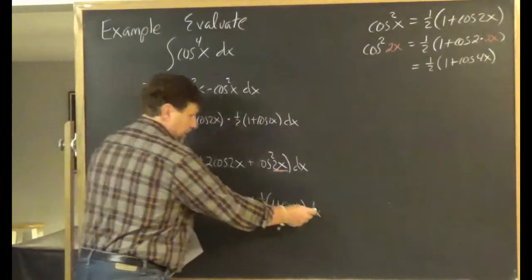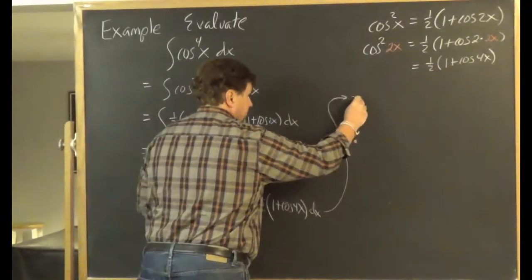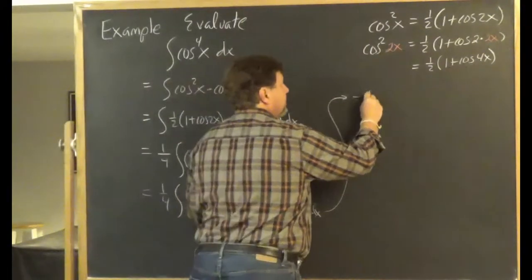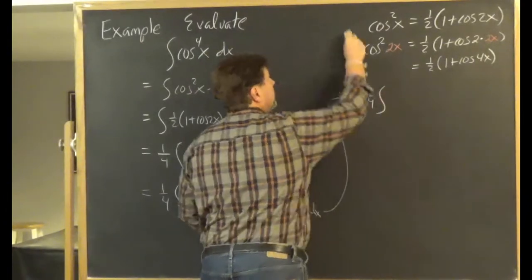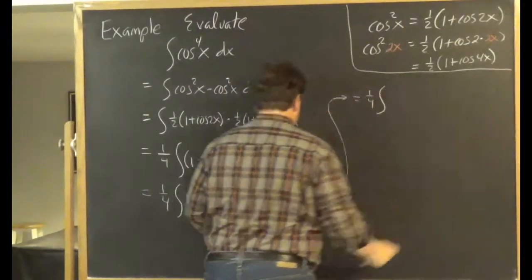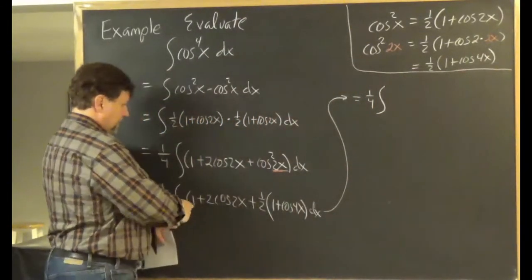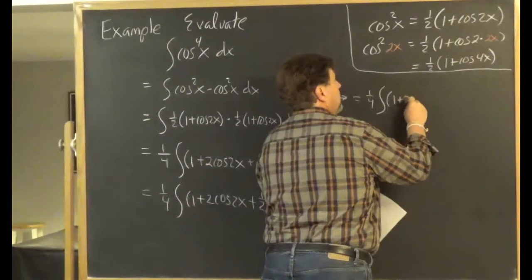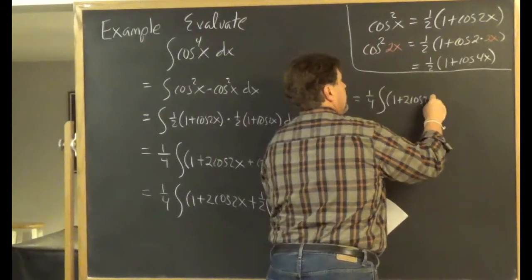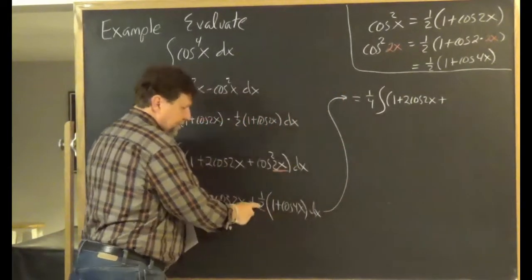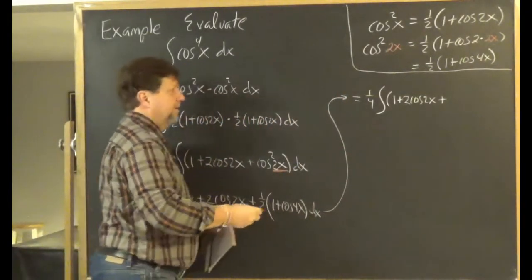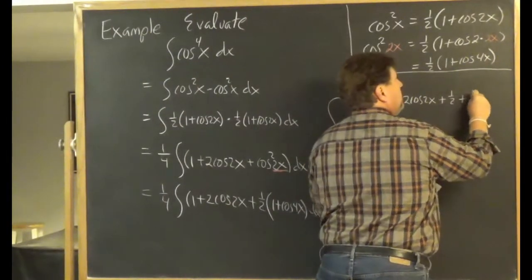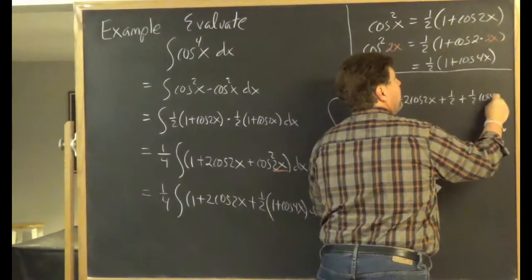So I have a 1/4 times 1 plus 2 cosine 2x plus, I'm just going to distribute the 1/2, so that gives me a 1/2 plus 1/2 cosine 4x.